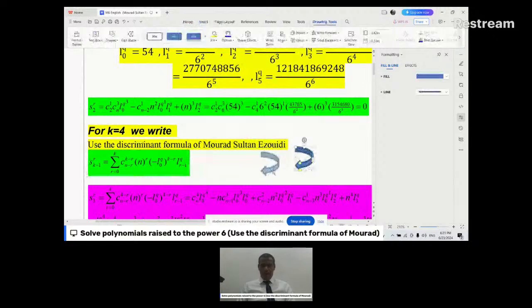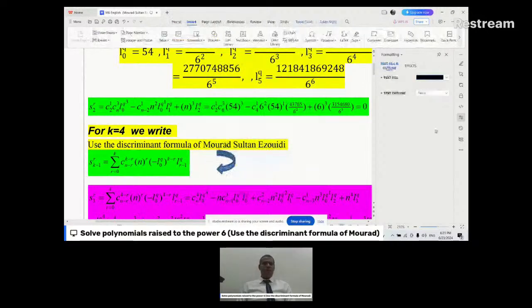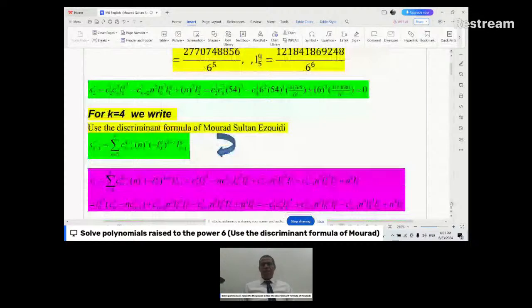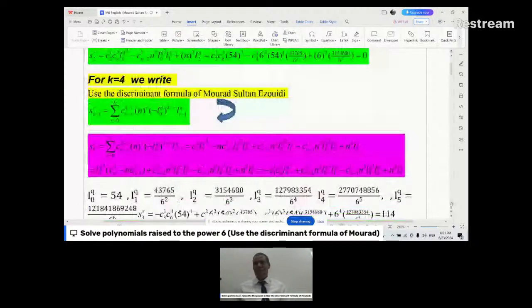Okay, so this is the discriminant formula of Mourad Sultan Ezouidi. We'll apply this. Means that, learners, we told this is the formula, isn't it? I told that put k equal 4 to find S3.